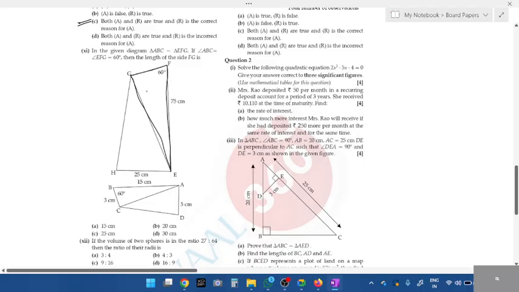Opposite to 60-degree, what do we have? GE. And here, opposite to 60-degree? AC. We have AC is equal to, anything else given? Find the length of FG. If these two sides are equal, then which is the smallest side here? In the bigger triangle, which one looks smaller?